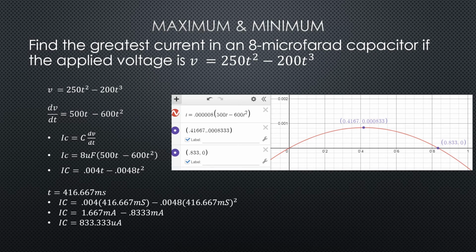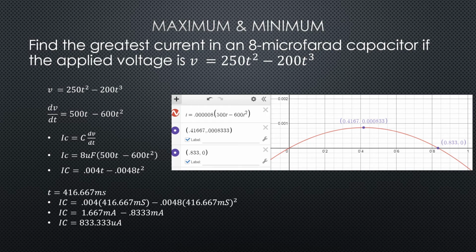So now that we have the time, 416.667 milliseconds, we can put that back into our current formula and solve for what the max current is going to be at 416.667 milliseconds. You can see we get 833.333 microamps at that time.